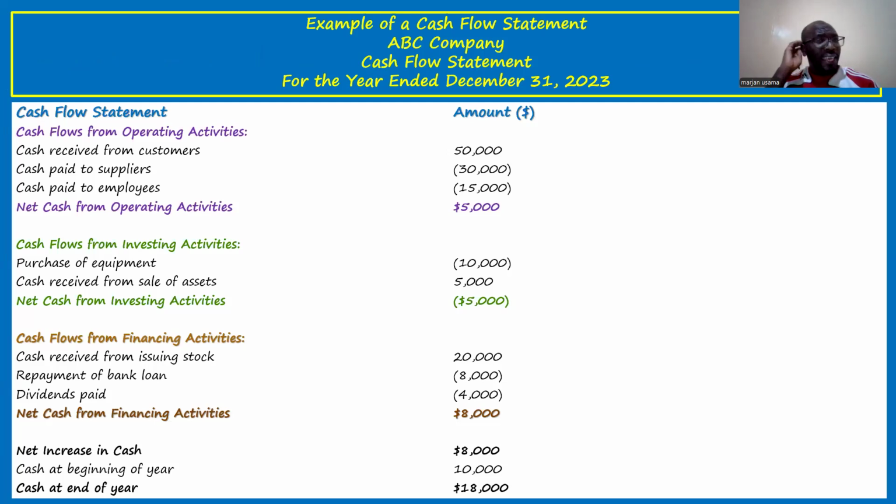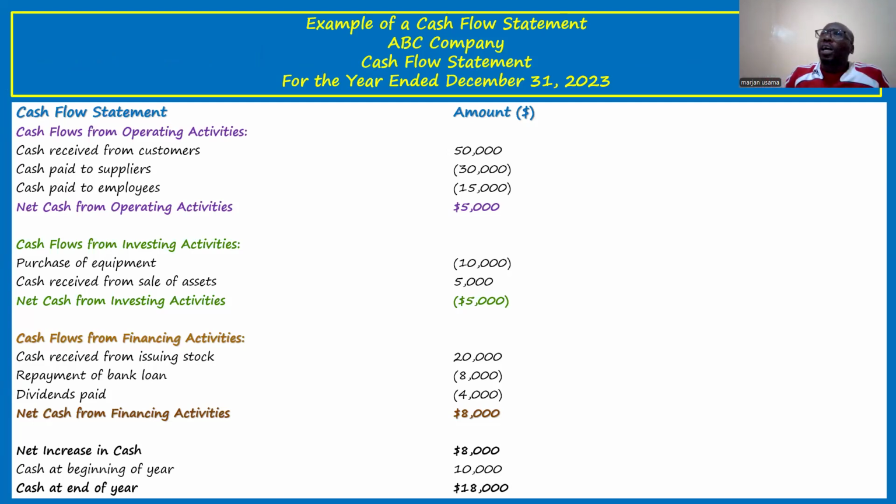Now, here is an example. This is how you prepare a cash flow statement. This is a cash flow statement of ABC company for the year that ended December 31st, 2023. These details are very important.